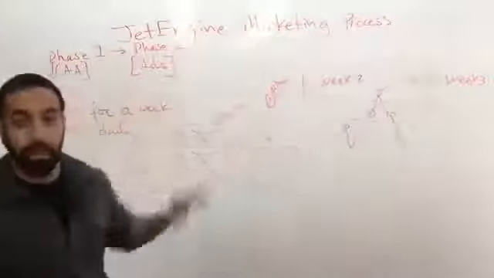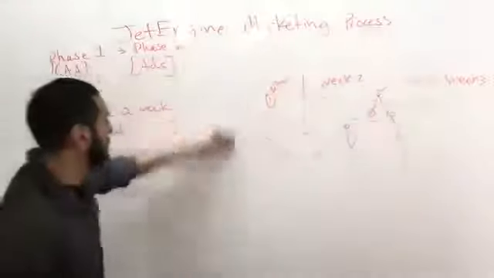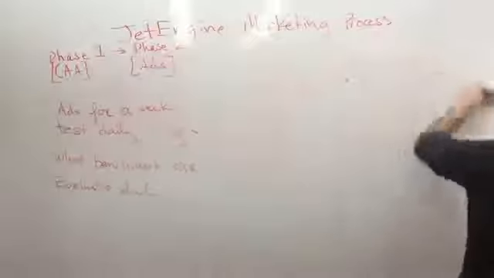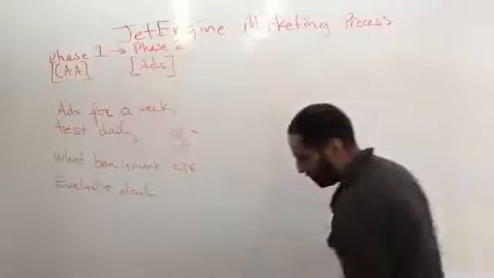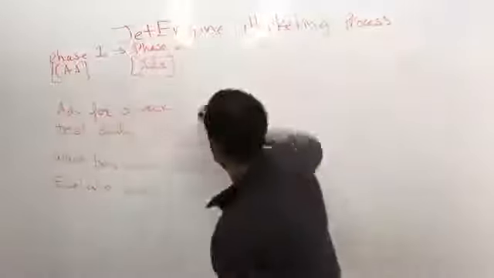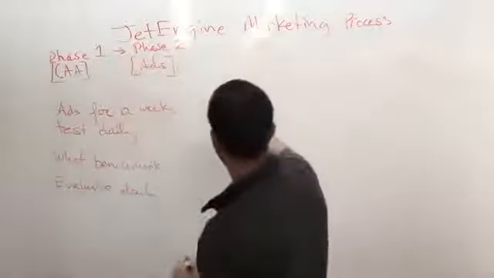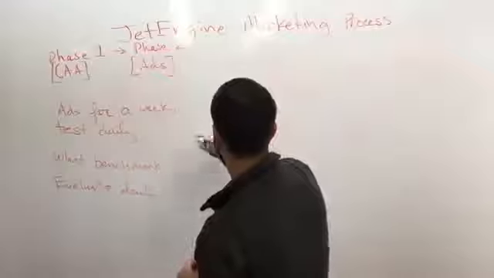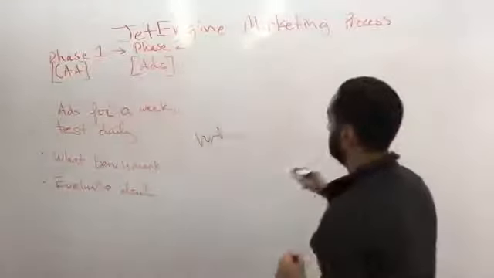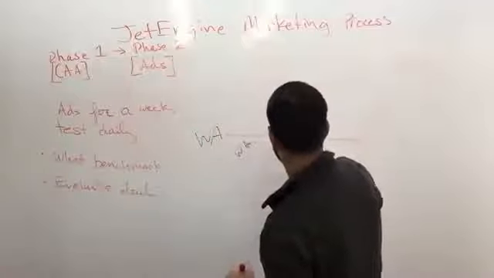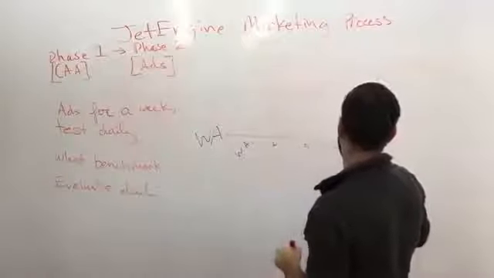And I keep going, and I keep going. And over the course of a month, I will figure out the most winning ads available. Say this is winning ad 1, 2, 3, 4, and 5.